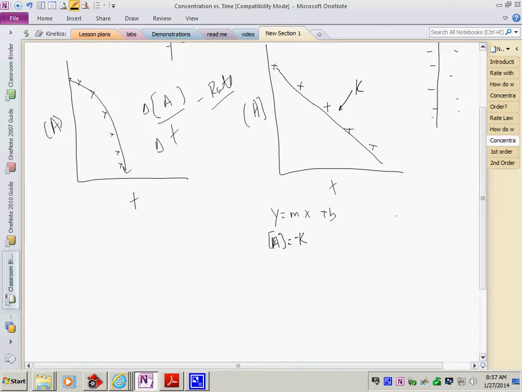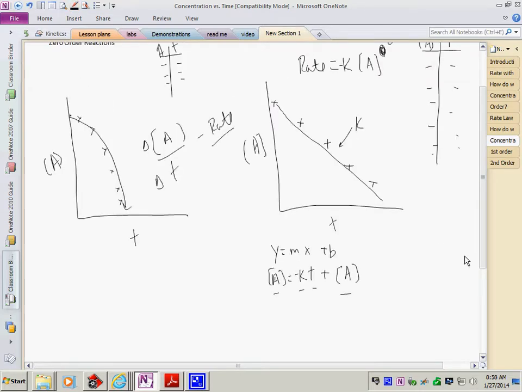Happens to be going down, so it just happens to be negative. x is going to be time, and then plus b, which is the y-intercept, which is just the concentration of A when it crosses this particular point here. Depends what it is. So there's 1, 2, 3, 4 variables. Algebraically speaking, give me 3 of them, I'll find the 4th.